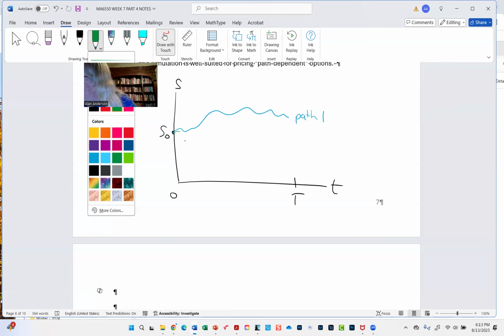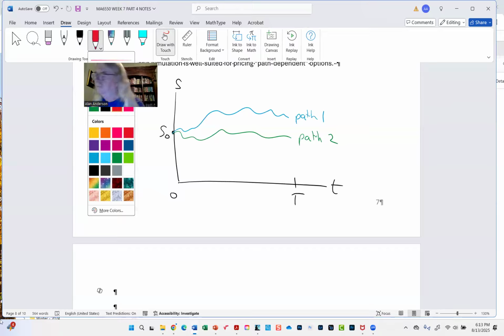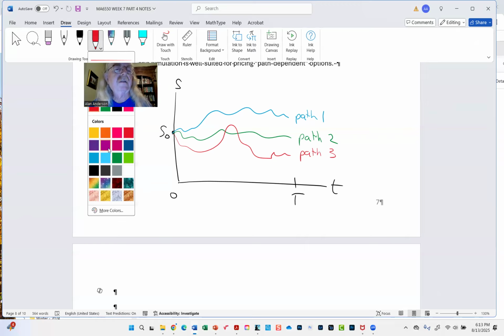Here's path number 2. And then here comes path number 3. And path 4, etc., etc.